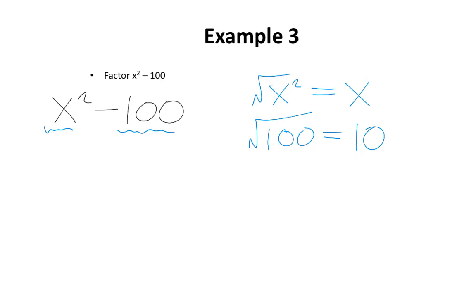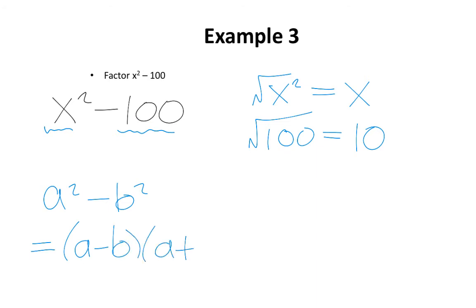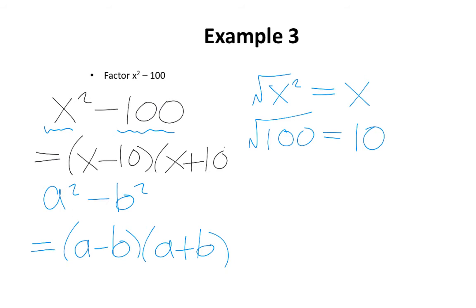If you have a squared minus b squared, that simplifies to (a minus b) multiplied by (a plus b). So in this scenario, a is x and b is 10. If you square x, that would become x squared, and if you square 10, that becomes 100. Therefore, a difference of squares is present, and you can factor it into (x minus 10) and then (x plus 10).